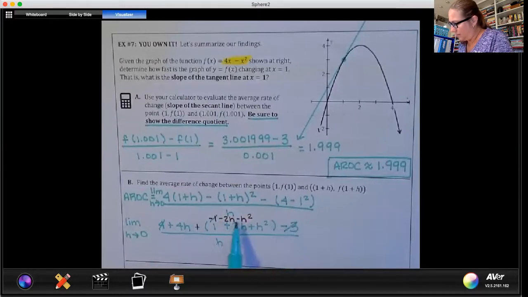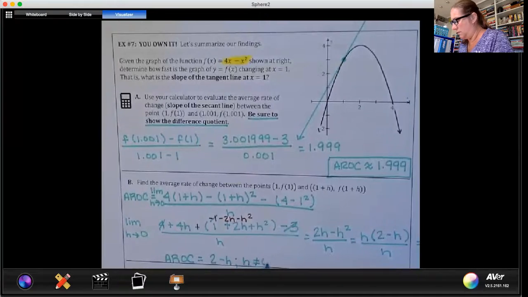We've got 4h minus 2h, which is 2h minus h squared over h. Factor out that h, and it's going to simplify to 2 minus h. So before we do our limit, we're going to say our average rate of change is 2 minus h, but h cannot equal 0 because of our original denominator.